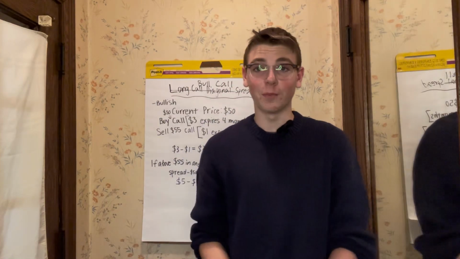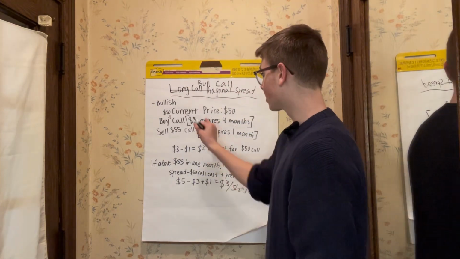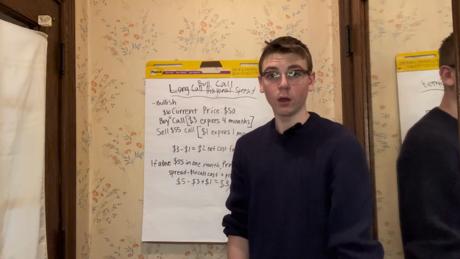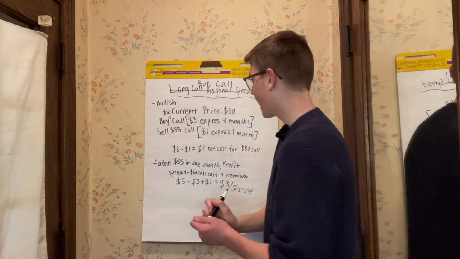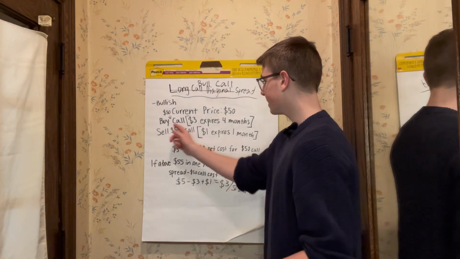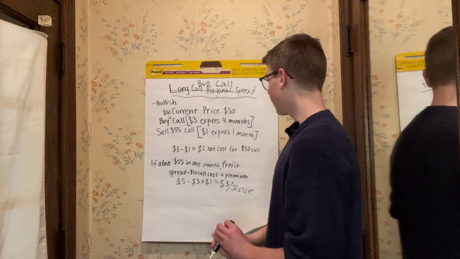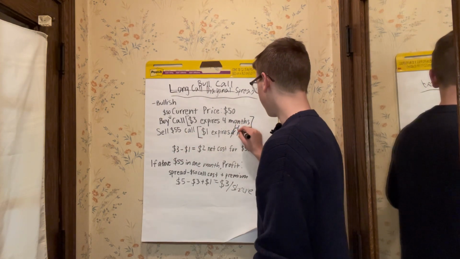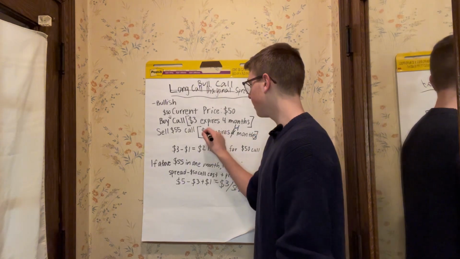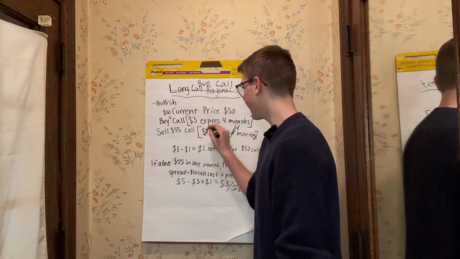And then for our bull call spread, you can see I literally just crossed out long call and put bull call, because they're basically the same exact thing. So you're going to buy this same call, right? But instead of selling the $55 call expiring in 1 month, you'd sell one for 4 months, and you'd probably get paid, we're going to assume simplified, $2.